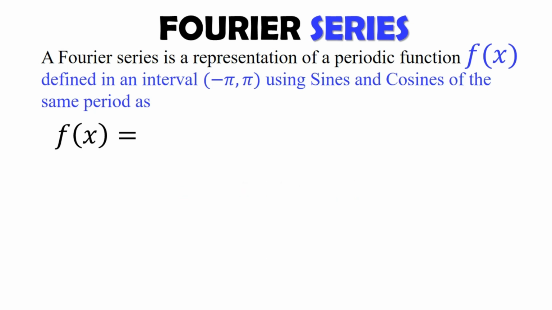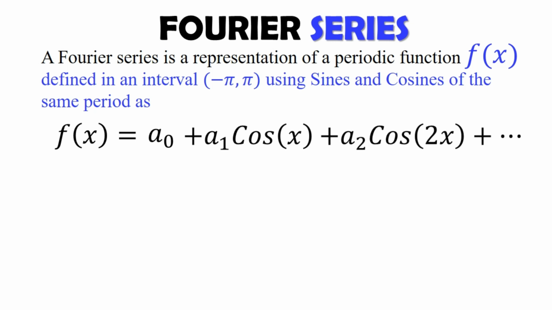Let's take for instance a function f of x equal to a naught plus a1 cos 1x plus a2 cos 2x. We can continue like this: a3 cos 3x, a4 cos 4x, a5 cos 5x, then plus an cos nx. As n is increasing, we are talking about an infinite series.